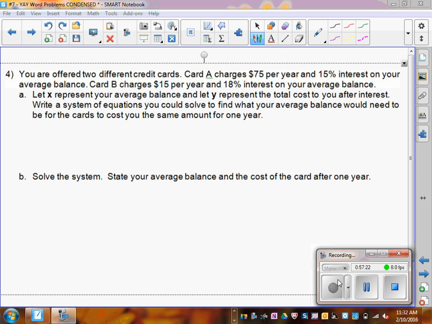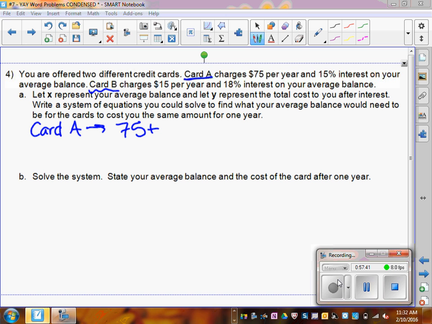Alright, so this is a little bit different here. We have card A and we have card B. Right, so card A charges $75 per year, so that's that one-time payment, $75, and 15% interest on your average balance.